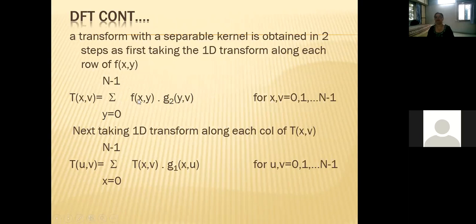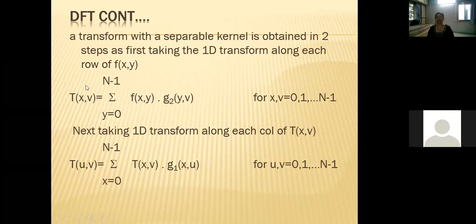So for every row in the image, we are applying the transform along the rows, and we are getting the partial result T(x,v).